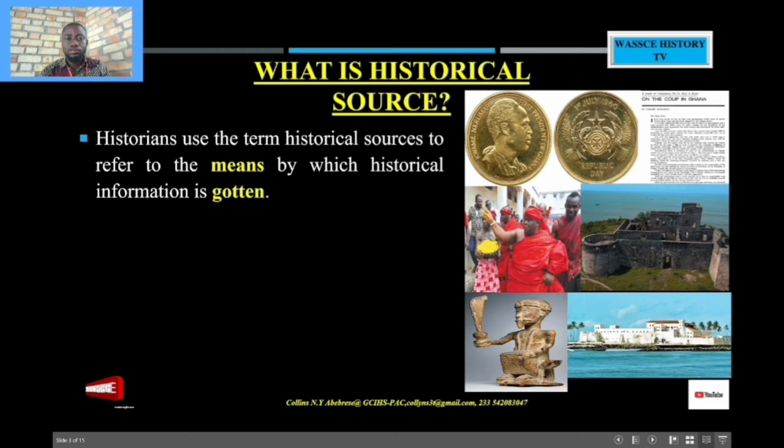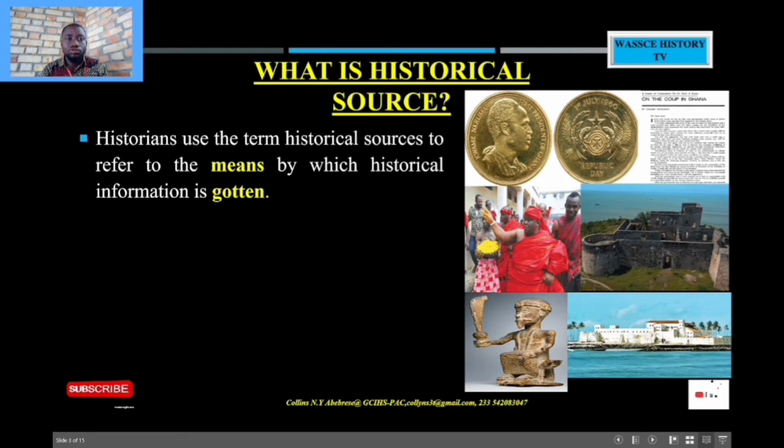So let's go there and find out what we mean by historical sources. Now, many rural areas in Ghana get their source of water from either a well, a dug well, or a river. So when you ask what is the source of water for many rural areas in Ghana?